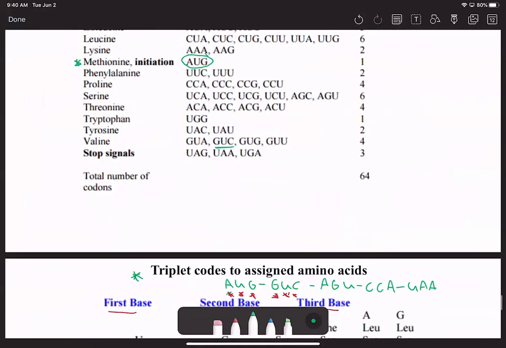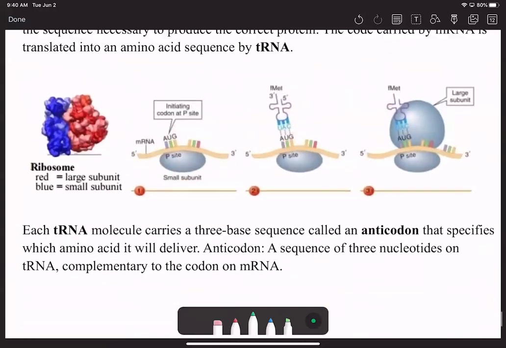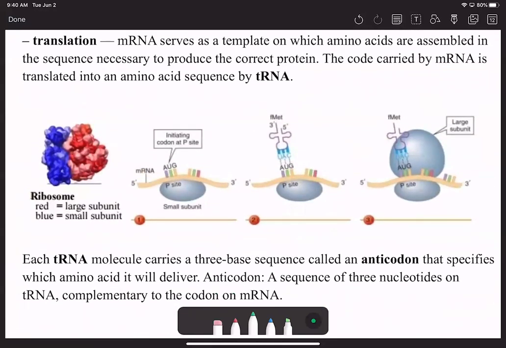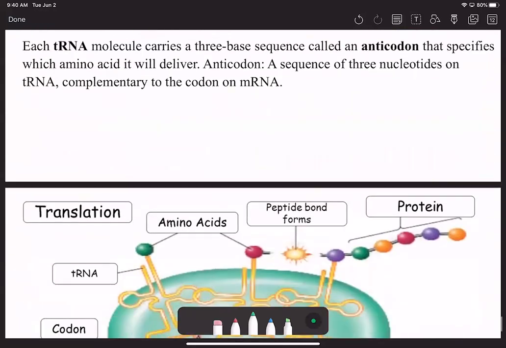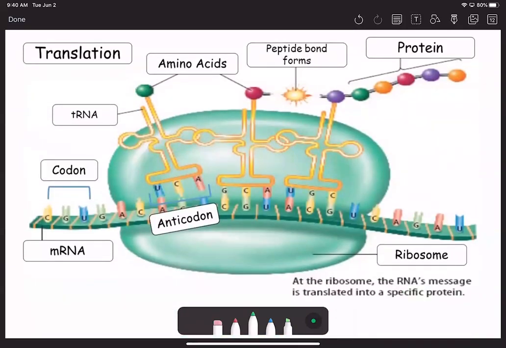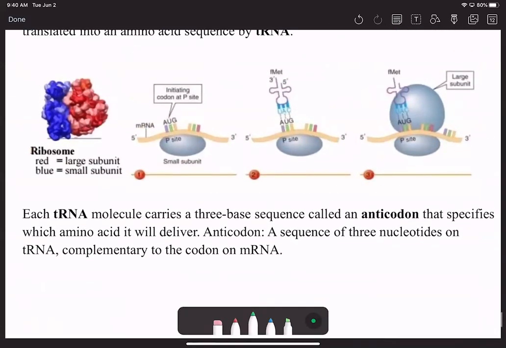So messenger RNA comes in, and if we take a look at this, actually, I don't like this picture. This one's much better. So we see this is our messenger RNA. It's going to explain everything that's going on up here. I think this was just a little bit complicated.